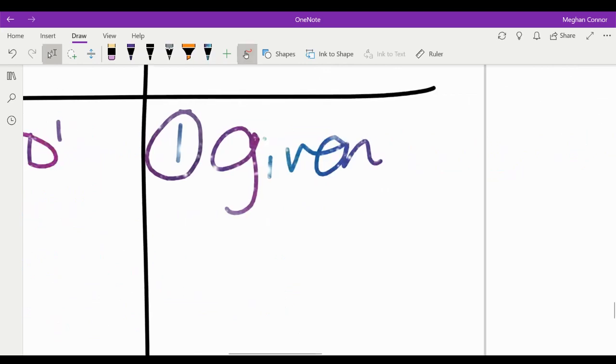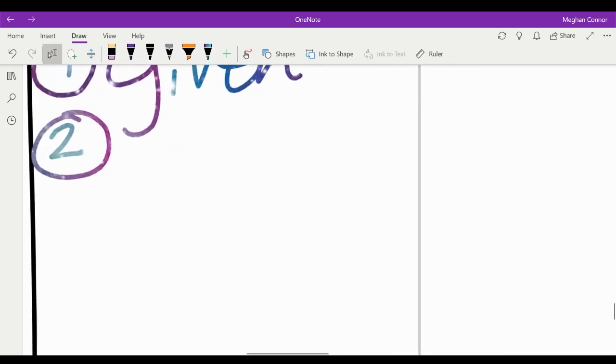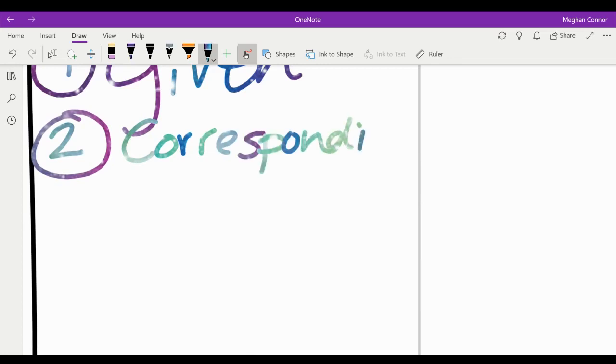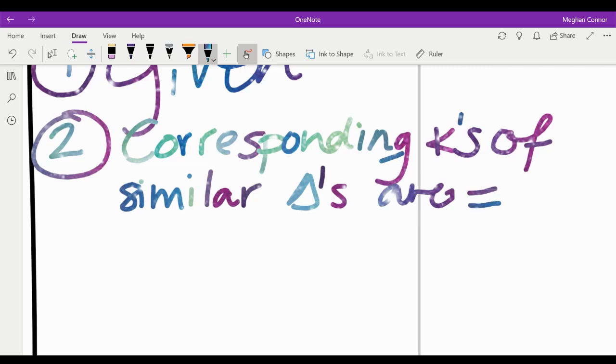Step 2 is because, this is going to be a lot to write out, corresponding angles of similar triangles are equal.